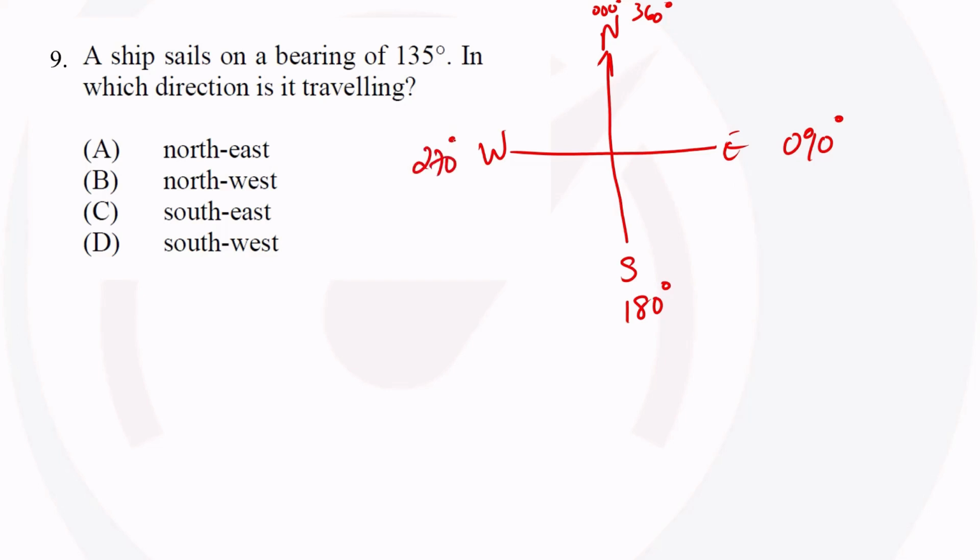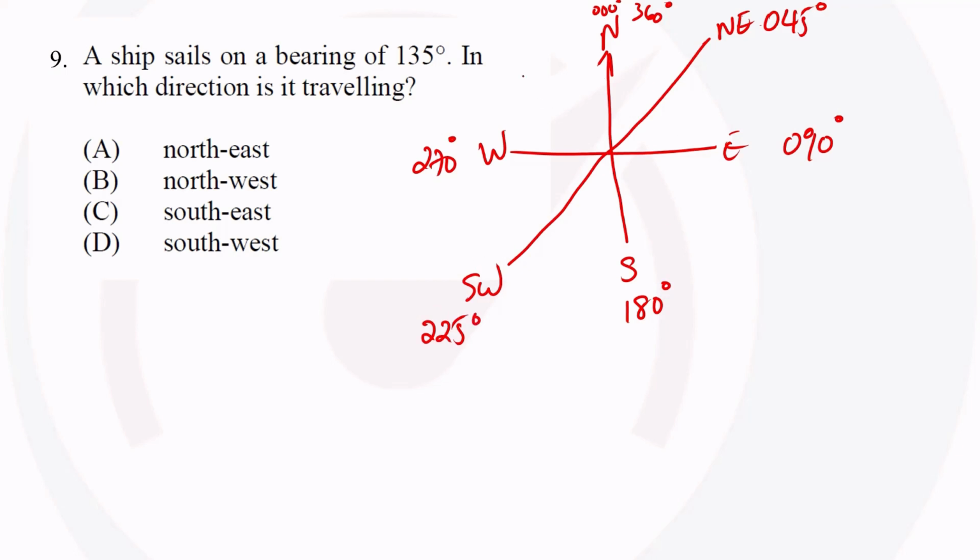We know our west is 270 degrees. Now we can part this again, and this gives us our northeast, which would be a 45-degree angle, so we call that 045, because bearings are written in three figures. Then here would be our southwest, and southwest is 225 degrees.